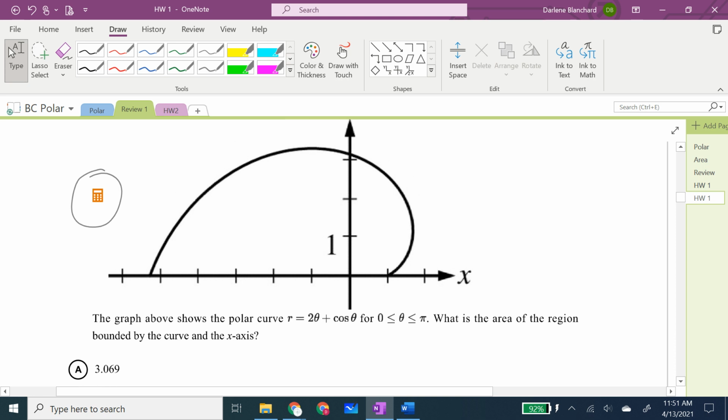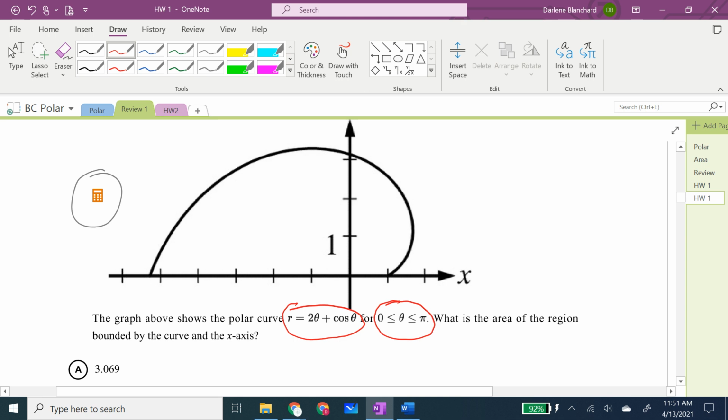Now let's take a look at this and notice the graphing calculator symbol. So this is a calculator problem. They gave you the drawing of this curve. They told you that that drawing is between 0 and pi, and it's asking you to find the area of the region bounded by the curve and the x-axis.